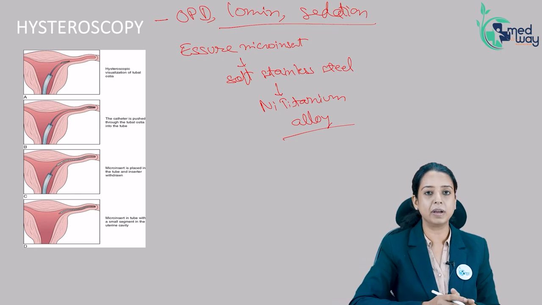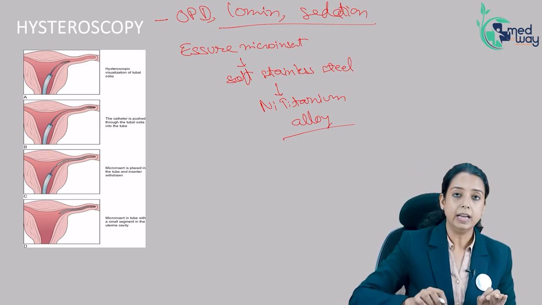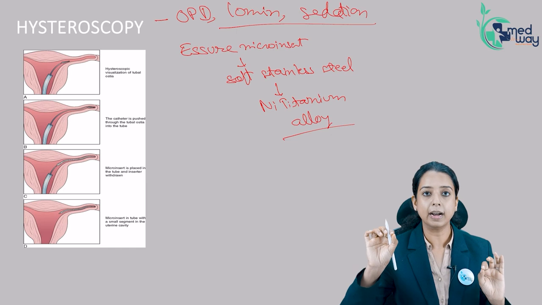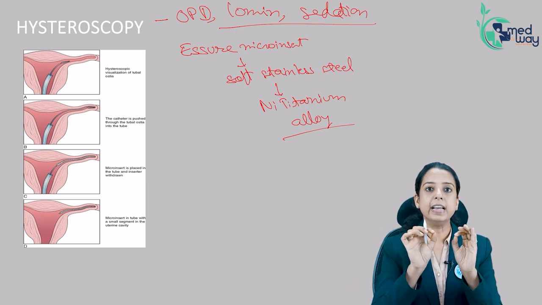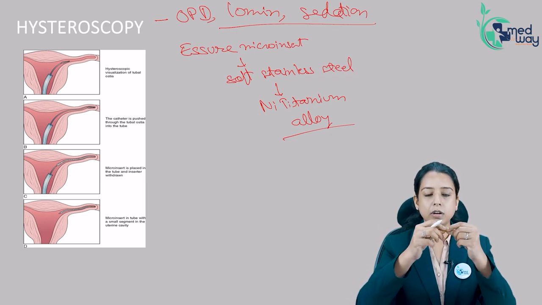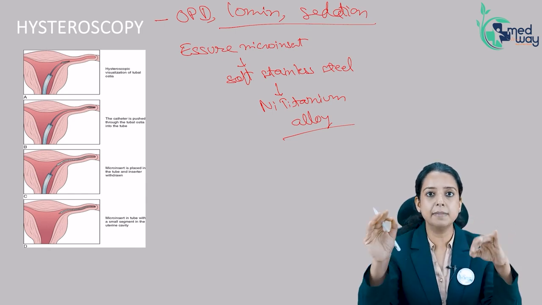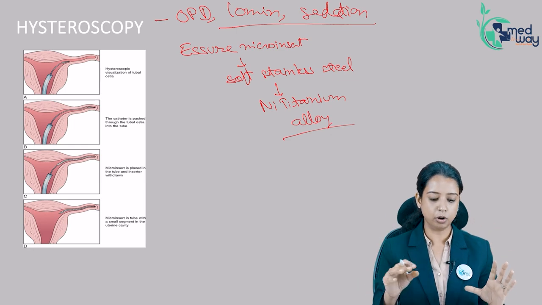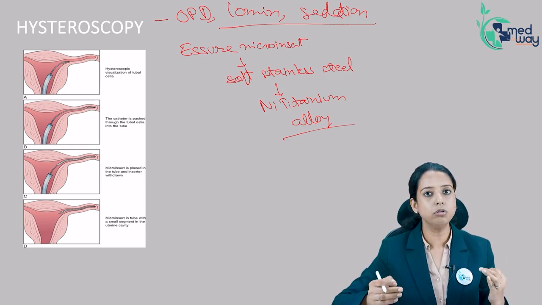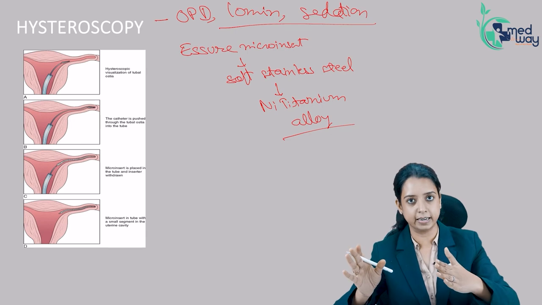Hysteroscopically, you go inside and insert it into the tubal lumen. It is very soft and thin, because imagine the diameter of the tube is very small, so it can be very easily perforated. That is why it's a soft insert. And how do you know that you have inserted it to the correct depth?